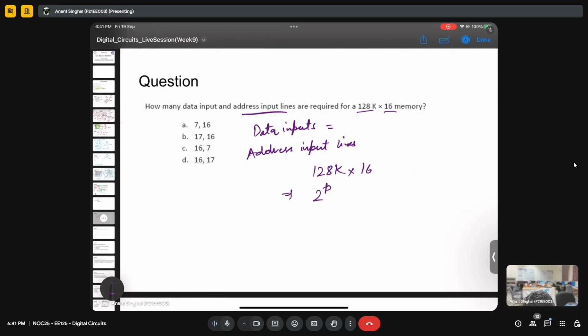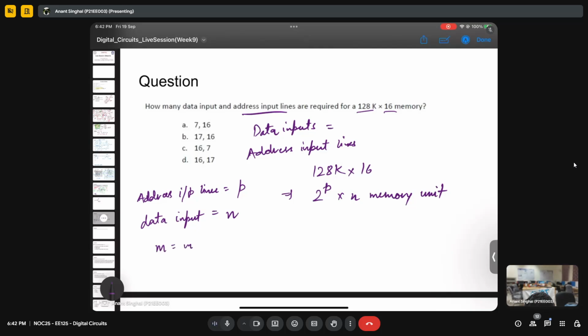We write this as a 2 raised to power p cross n memory unit, where the address input line is p, the data input is n, and m is the number of locations. So 2 raised to power p equals m, and we can also write this as m cross n.